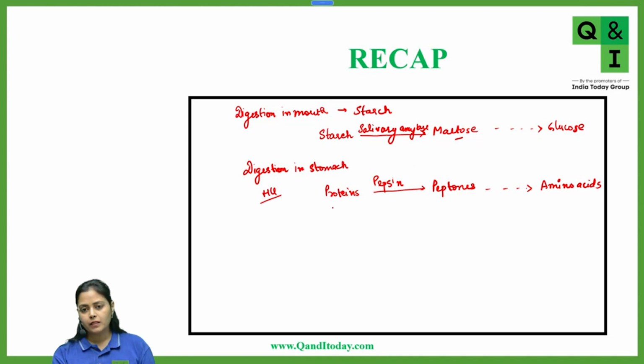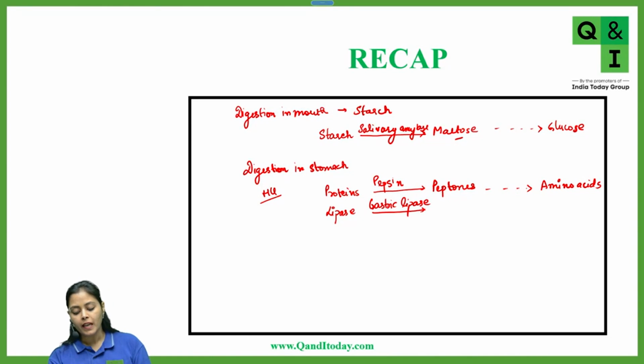Then the second molecule which gets digested in the stomach is lipid. There is an enzyme called gastric lipase, which is secreted in small amounts, not in huge amounts like pepsin. Gastric lipase is also secreted, and the lipids would be converted into fatty acids.